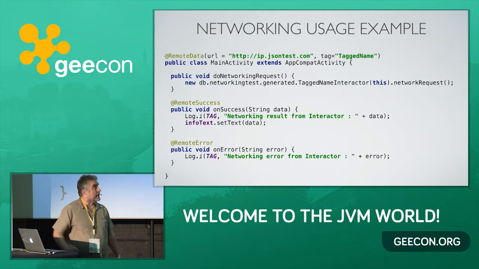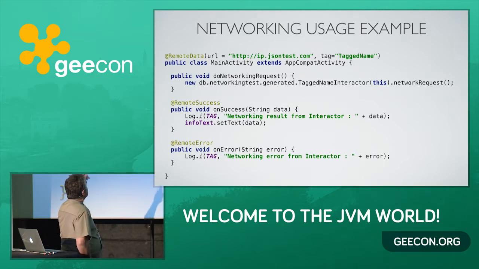And then you notice there are two other annotations, remote success and remote error, annotating two methods which get called in both scenarios. So if you get the data, it is passed to you as a string, so you parse the JSON you're getting from the remote server, or you get an error which is also returned to you as a string.